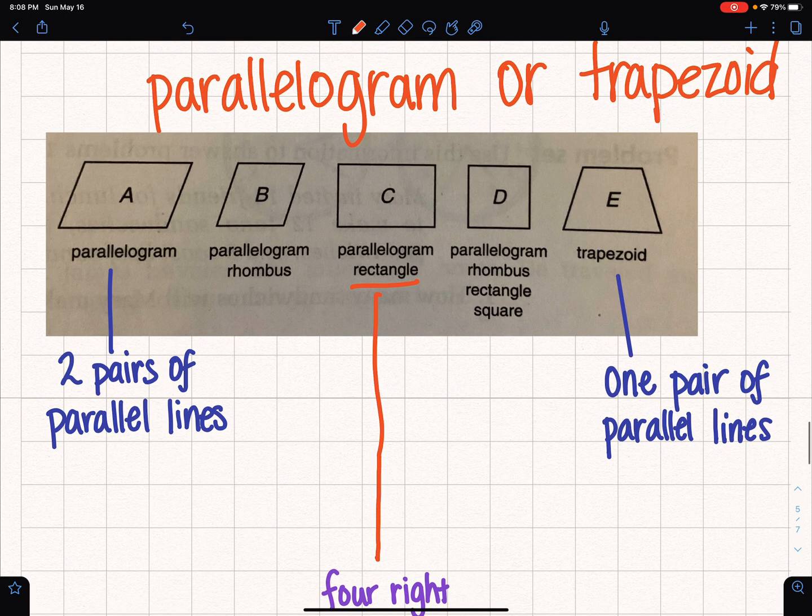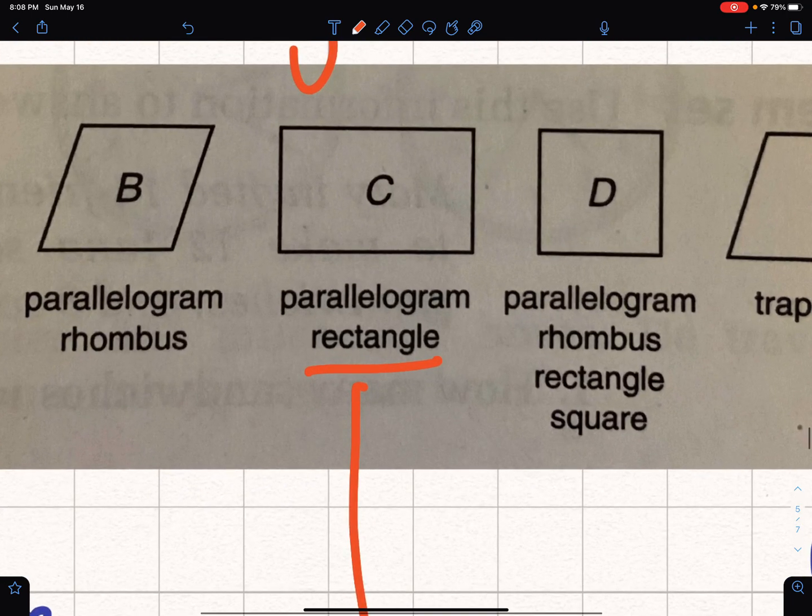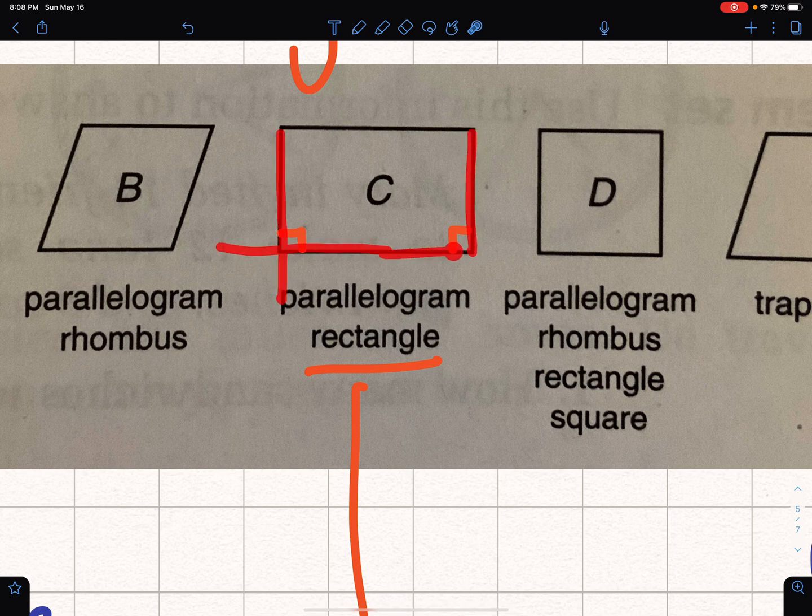So it means it's a parallelogram, but then it has 4 right angles. What does a right angle mean? It means that these lines make like a perfect corner. Like this is perfectly perpendicular to that. And this is perfectly perpendicular to that. It's like straight up. When it's straight up, you can make these little squares to show that it's straight up and down. They're all straight up and down, so it's a rectangle.